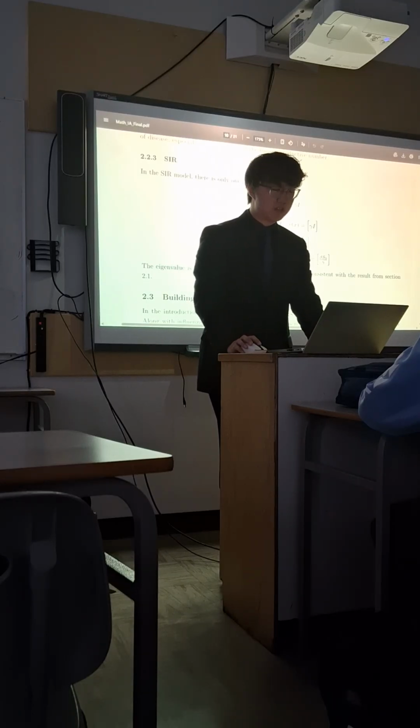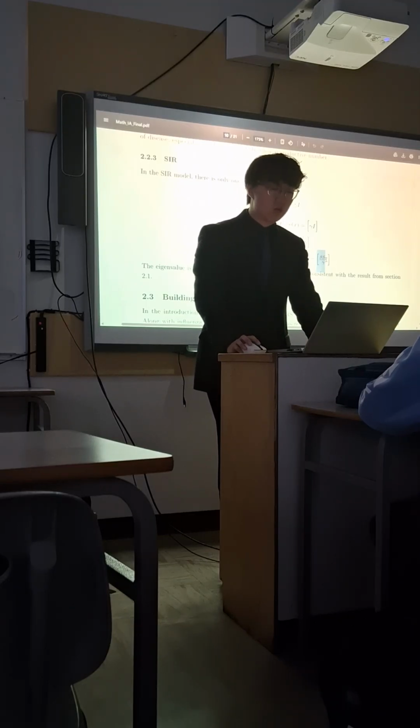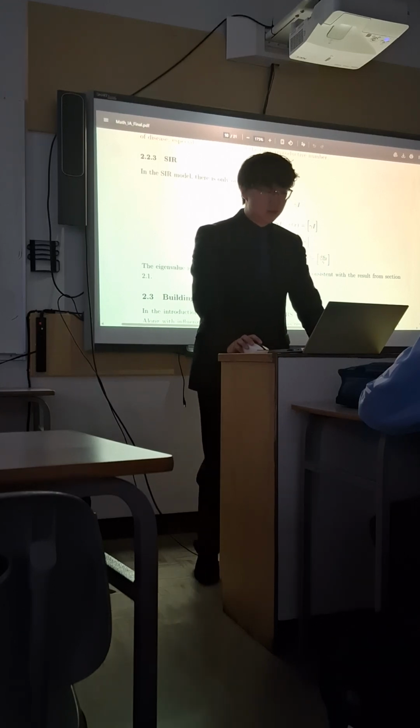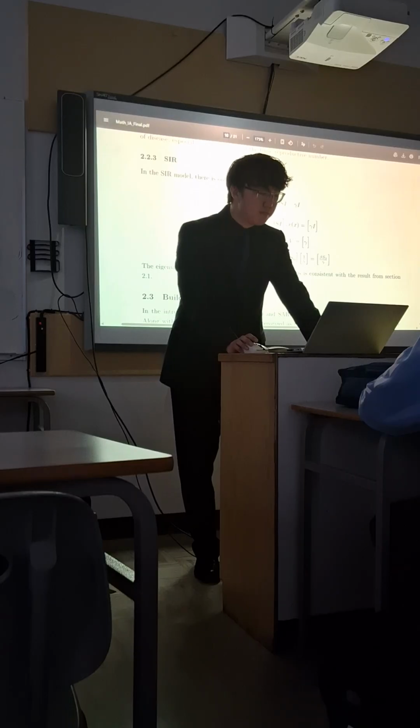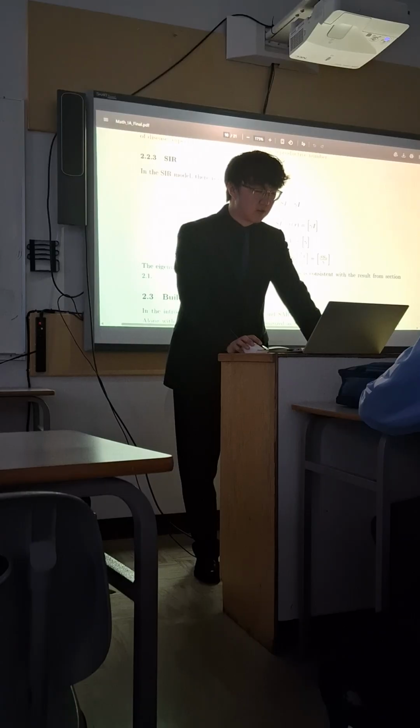This is very trivial because it's a one-dimensional matrix. Multiplied together, it's just a matrix with one term, beta S0 over gamma. So the eigenvalues of this matrix are beta S0 over gamma and 0. Because beta S0 over gamma is positive, it's the largest eigenvalue, so it's going to be the basic reproduction number.